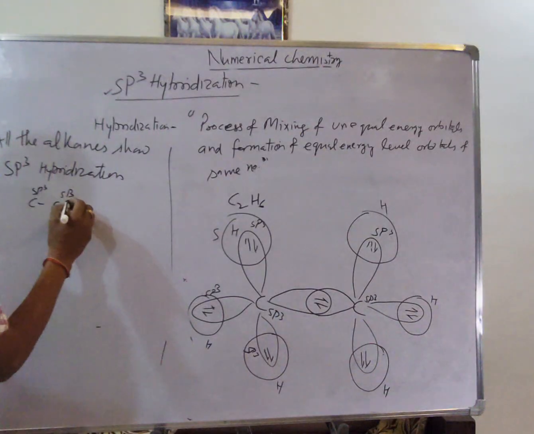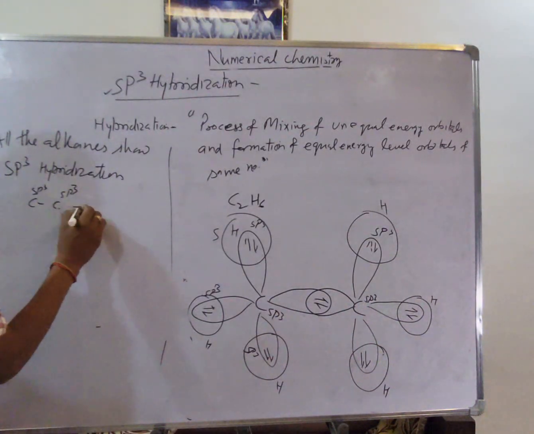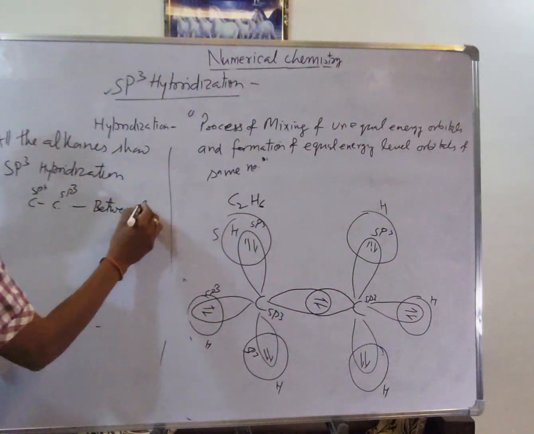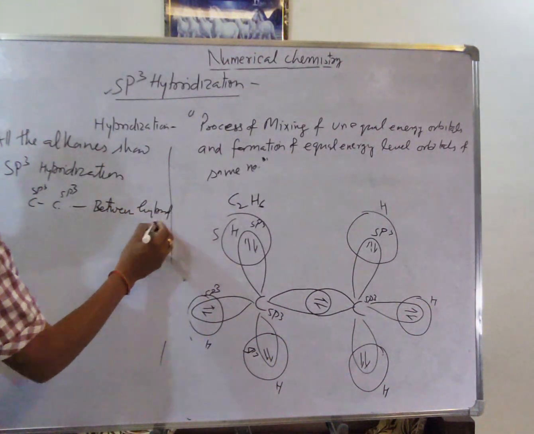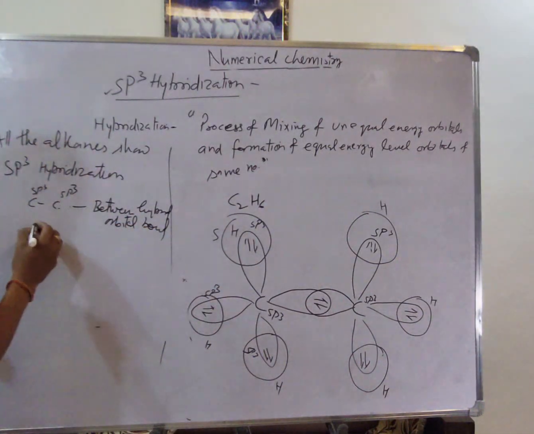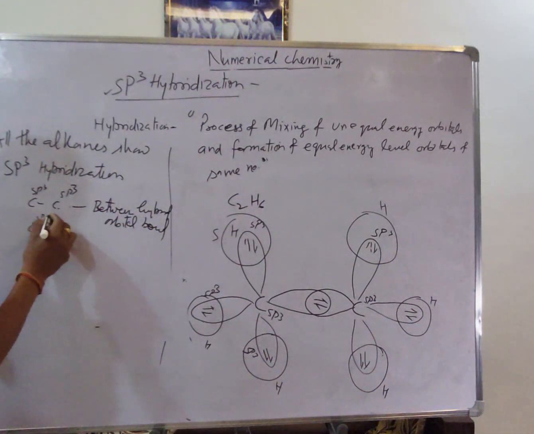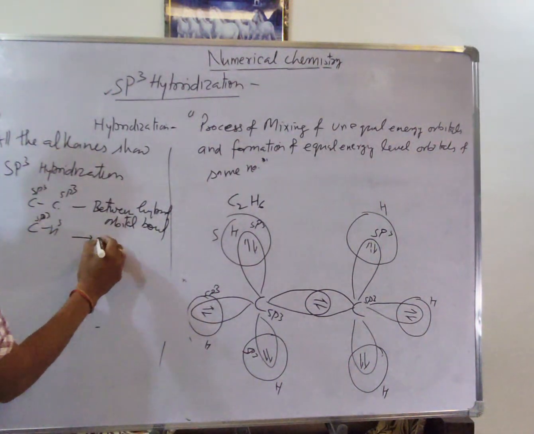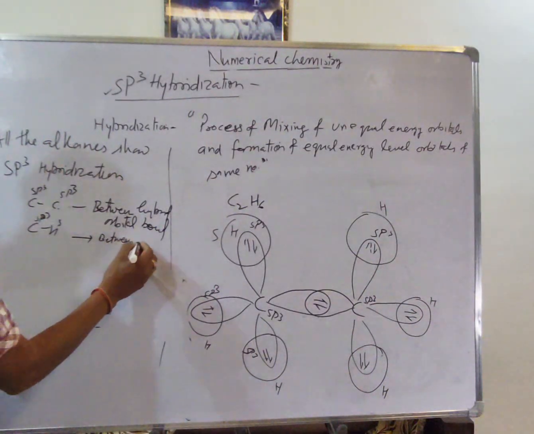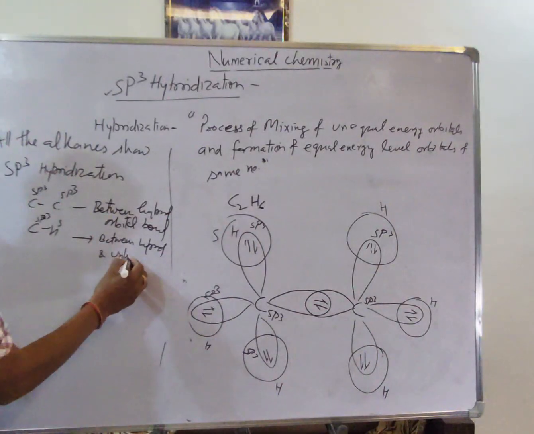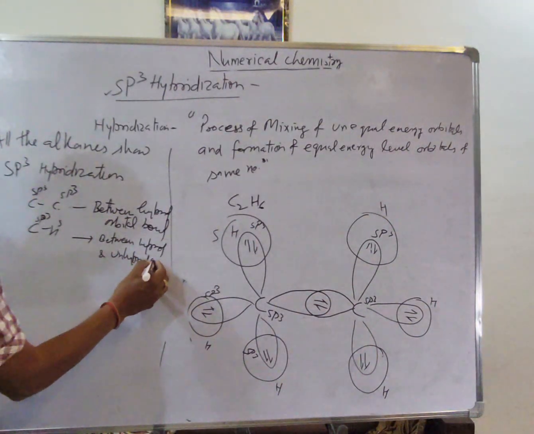This is a bond between hybrid orbitals, and the CH bond is sp3 and s, between a hybrid and an unhybrid orbital.